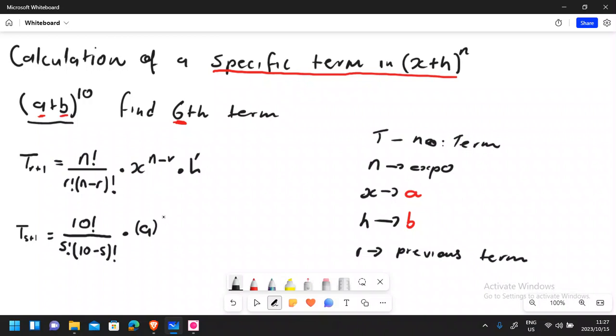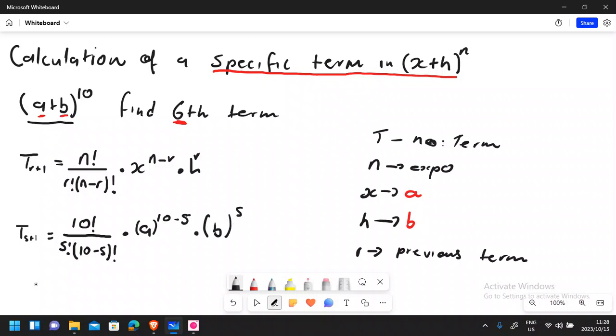So what is n? N, don't forget, is our exponent, which is 10 minus r, which is 5. And then our h, don't forget this is r, by the way. This is r. Okay, so h is going to be, in this case, b, and then our exponent is going to be 5.